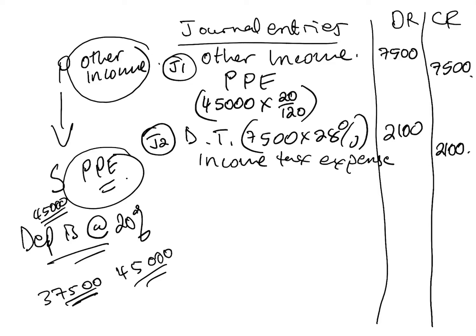Then remember the accumulated depreciation is the one that is affecting our property, plant and equipment. So basically, when you are recognizing depreciation, you debit depreciation and credit accumulated depreciation or the property, plant and equipment.